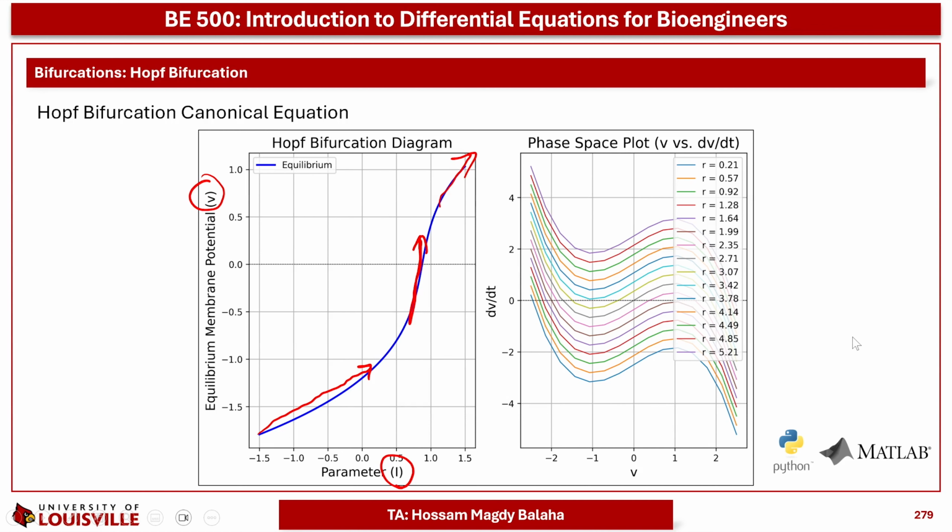The other thing is the existence of oscillation or periodic behavior. If you plot for a long period, you may find a periodic or rhythmic behavior that exists after the critical point.